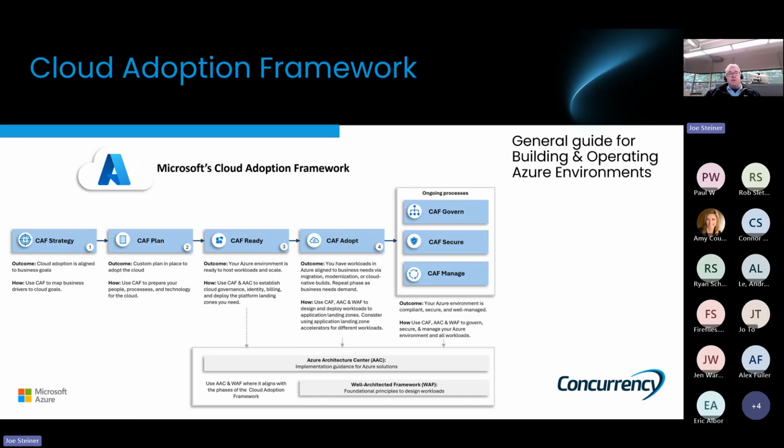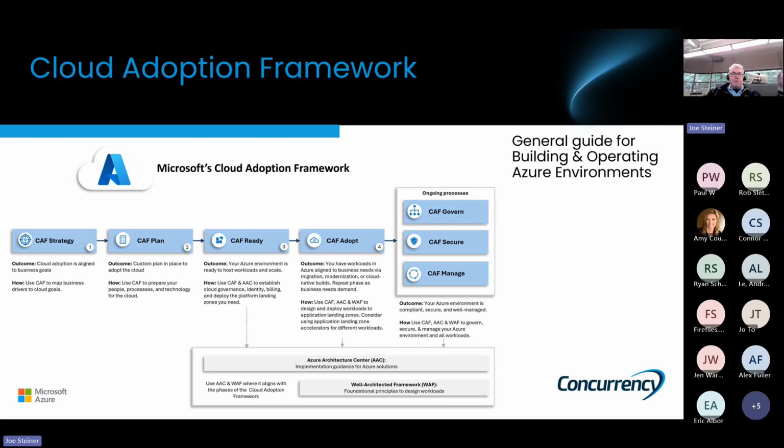If you are newer to Azure, this is a great place to start, as it provides step-wise guidance into how to plan your cloud journey, and even as you get going, how to continually review your cloud operations and make sure that you're continually improving upon those.